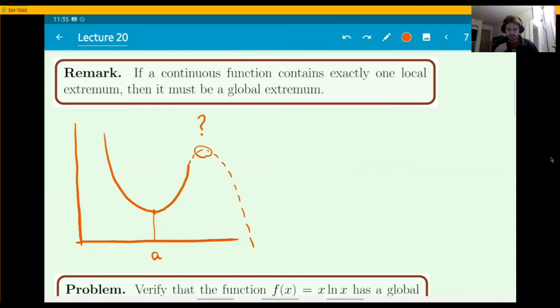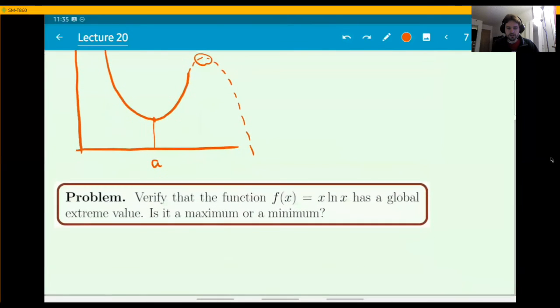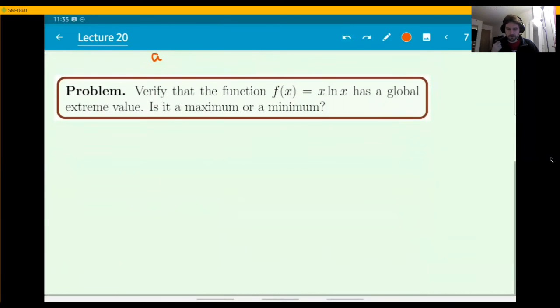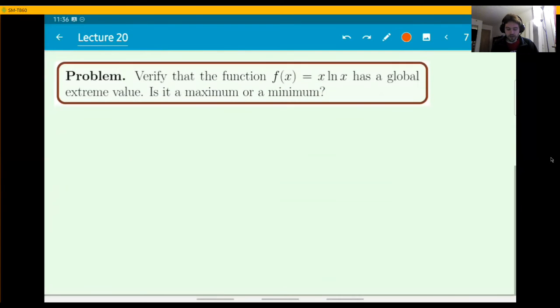So when you have a function and you find just one local extreme, you immediately know that that's a global extreme. Honestly, not very useful. Checking if something is global or not is very easy anyway. That's the procedure where we compare all the possible candidates, right? I would not say this is useful, but it is useful to understand. Just see that you understand what's going on.